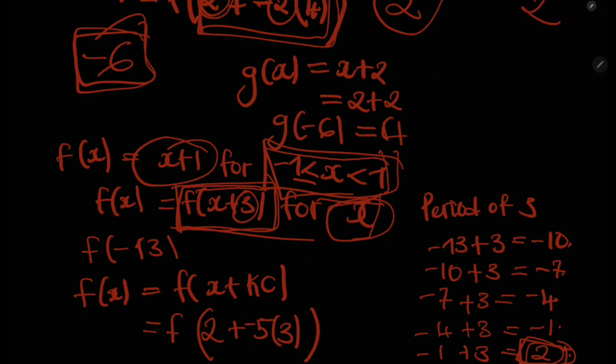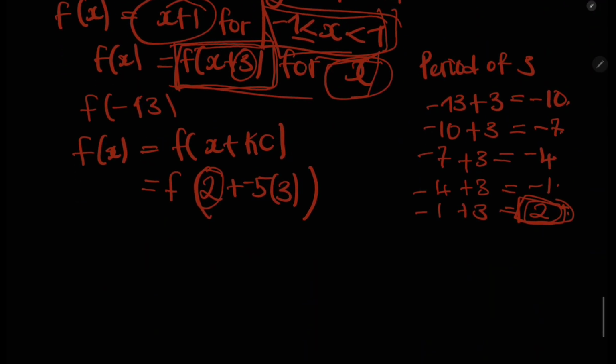If you evaluate, 5 times 3 is 15, and 2 minus 15 is minus 13. So this gives us what we want. This 2 is our x, so we simply substitute it in the function. So f of 2 equals 2 plus 1, which is equal to 3. And that is how we have it.